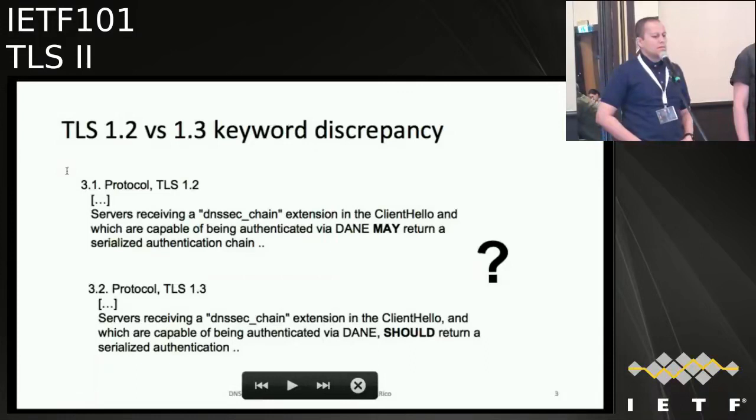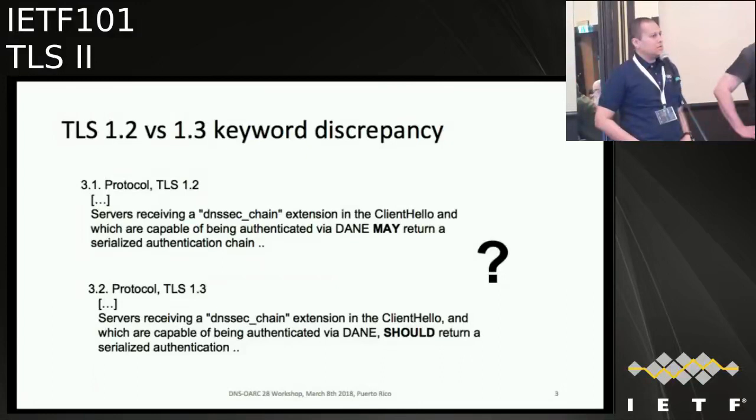At some point, we did version-specific descriptions of the mechanism. And for the 1.3 description, I think just accidentally it said should, right? So the question is, I had suggested on a list that maybe it should be should in both places. And I think Eric pushed back, saying we need to figure out what the working group consensus is. So that's why we're here.